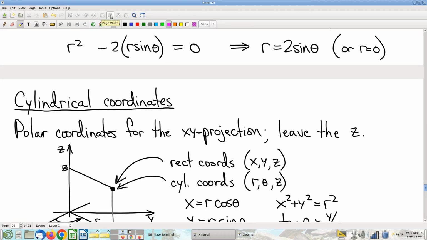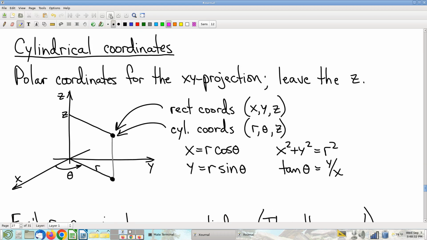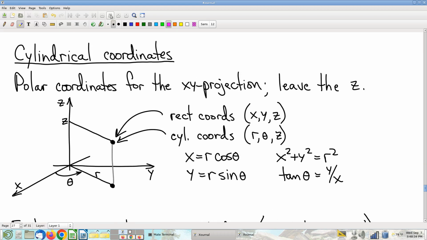I'm going to very quickly talk about cylindrical coordinates, then we'll go on to spherical coordinates, but I'm getting ahead of myself. The good news about cylindrical coordinates is it's pretty much polar coordinates. It's almost exactly the same thing. In particular, for a given point, you can focus your attention on the projection down into the XY plane.